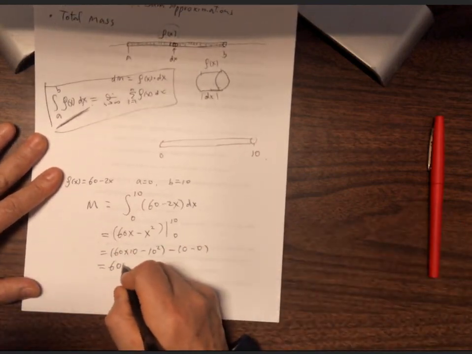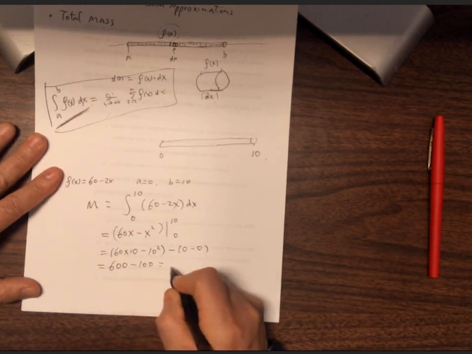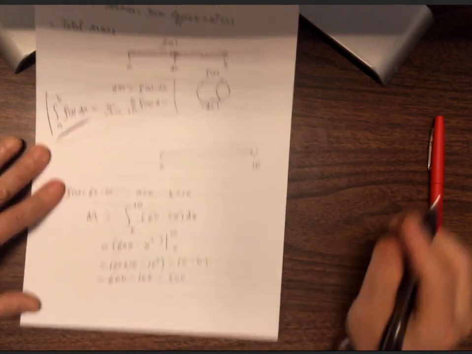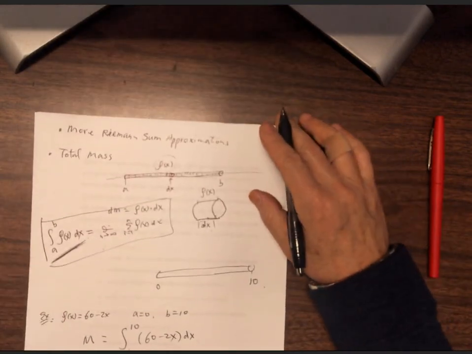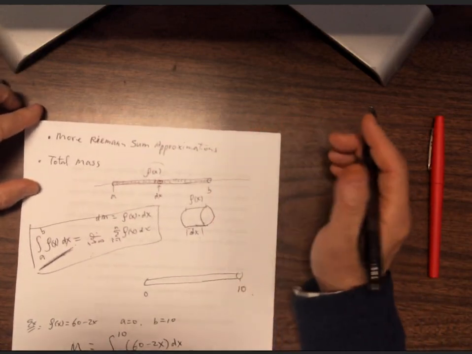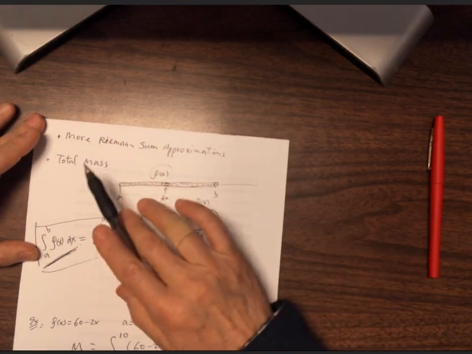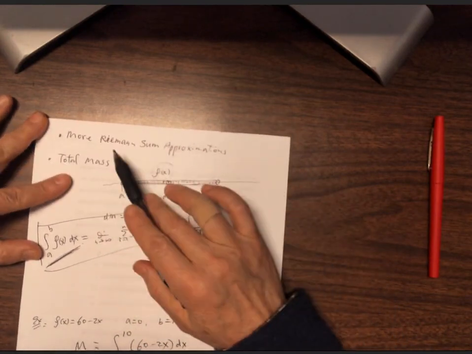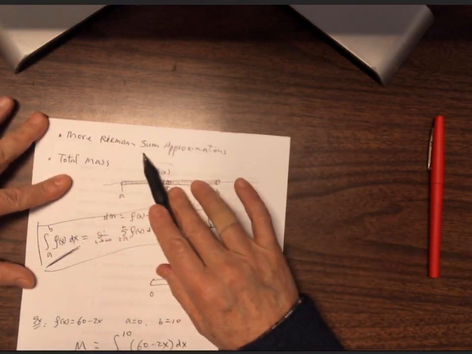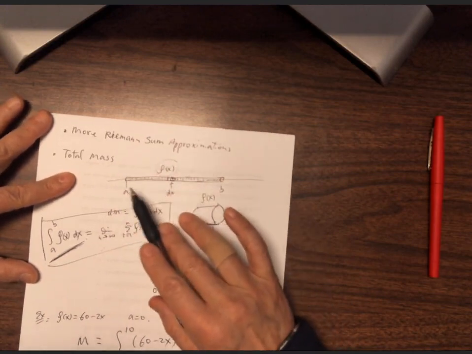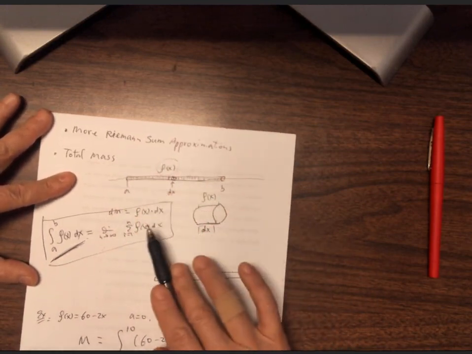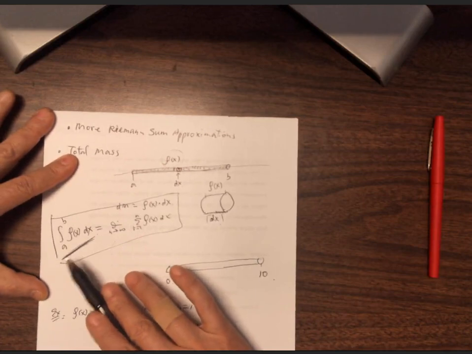This is 600 minus 100, or 500. So this is another example of how we establish a Riemann sum to calculate the total mass. We end up with a definite integral again.